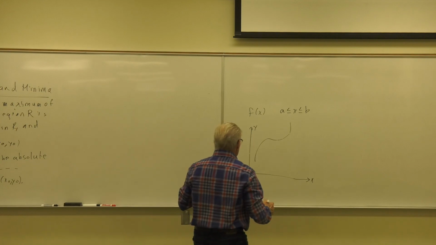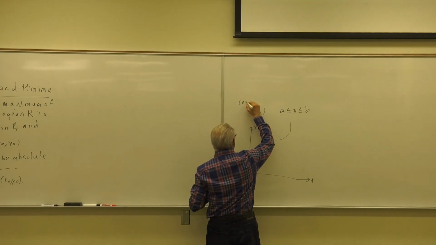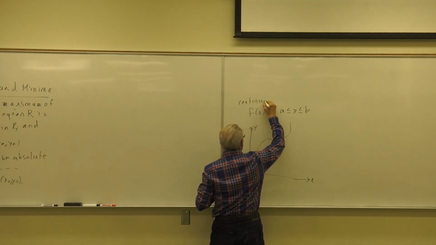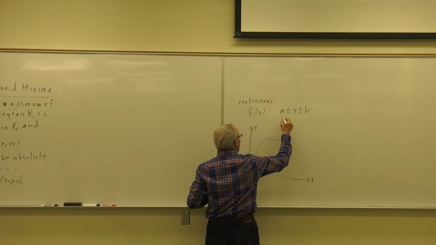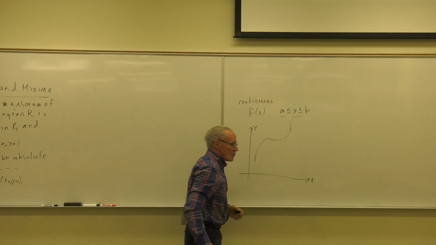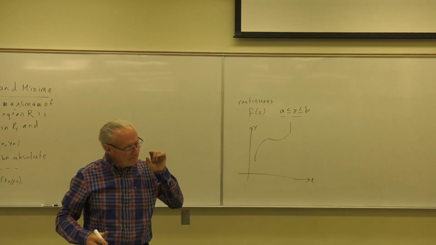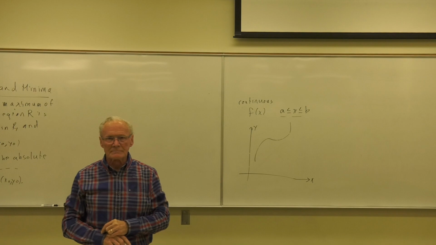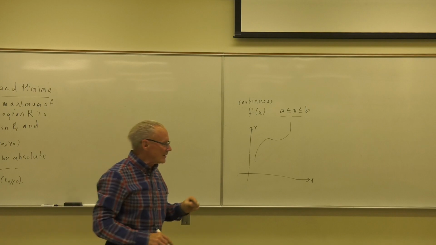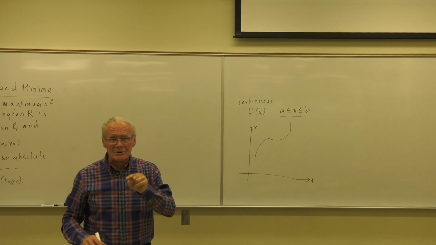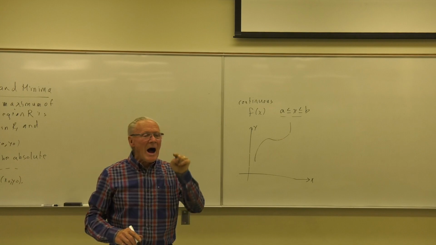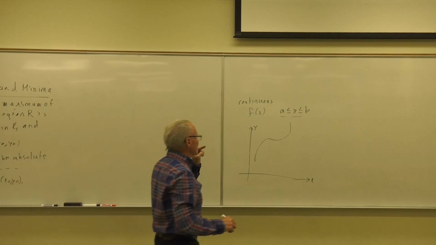So what was said in first year? If you've got a continuous function on a closed interval, there must be an absolute max, and there must be an absolute min. It also said those absolute maxes and mins must occur either at a critical point.